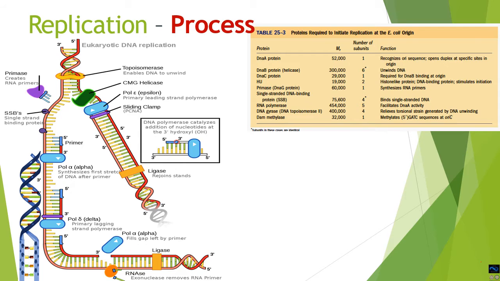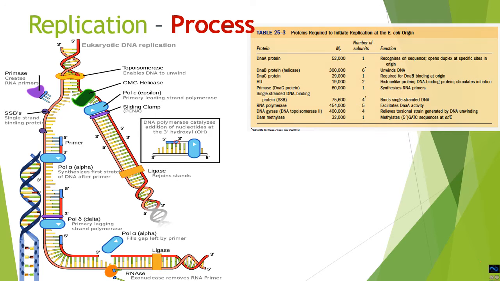Those are the helicases, and the single strand binding proteins are needed in addition to primases and HU-like proteins. Then DNA gyrases, the RNA polymerase itself, and methylase all play a role in the pre-replication process so as to start the replication at a particular site.